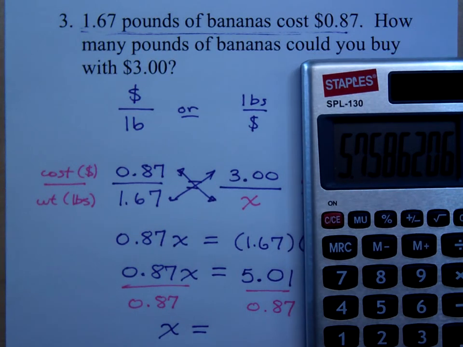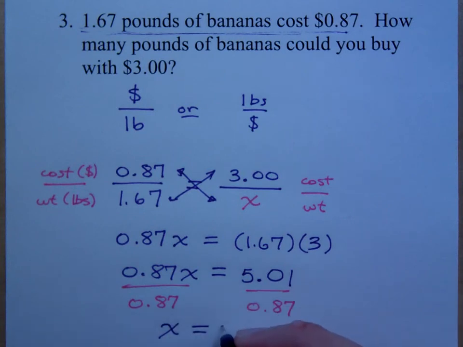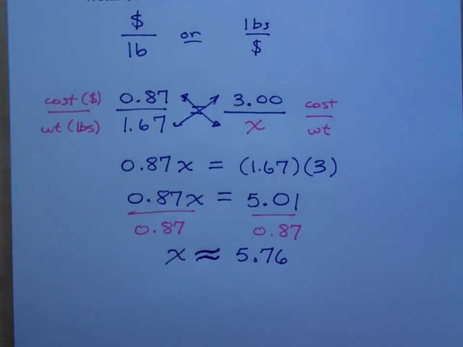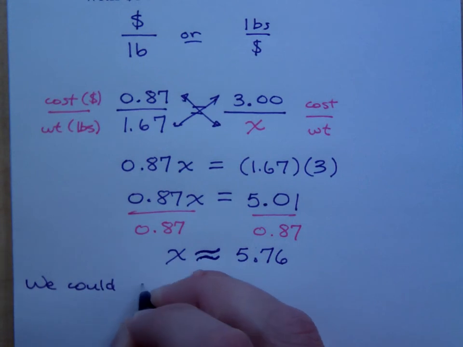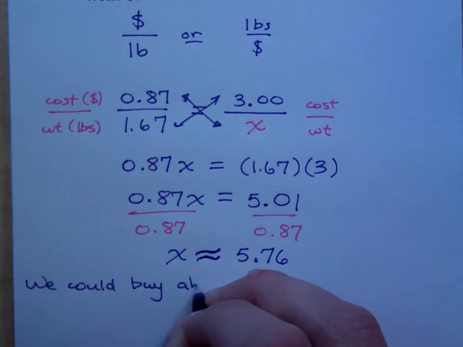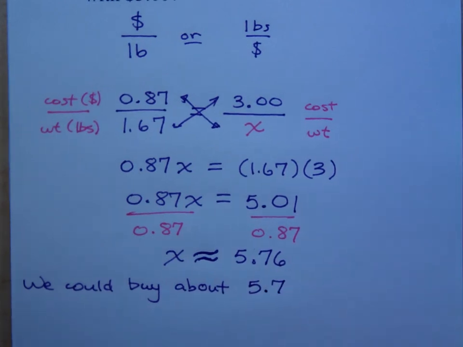So roughly, I could buy how many pounds of bananas? So this is about 5.76. So if we're going to state this in a sentence so it's easy to interpret, we could buy about 5.76, actually no, if we buy 5.76, that might go just over the $3 mark, so we might need to go down and just keep it at 5.75.